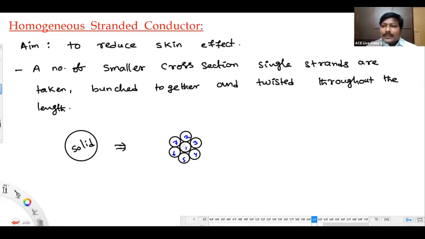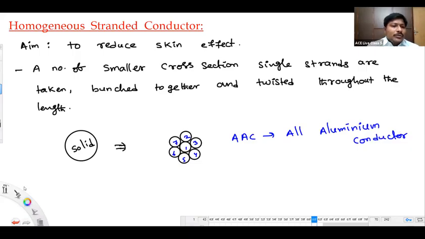Hence, we name this conductor all aluminum conductor, AAC.